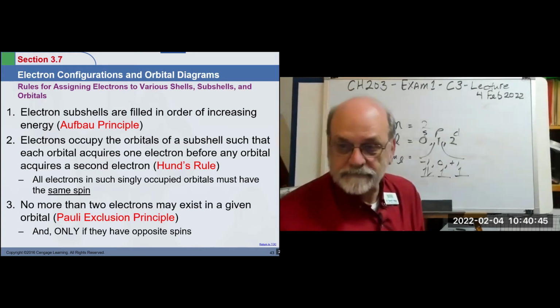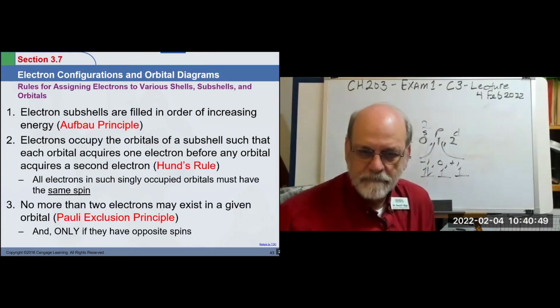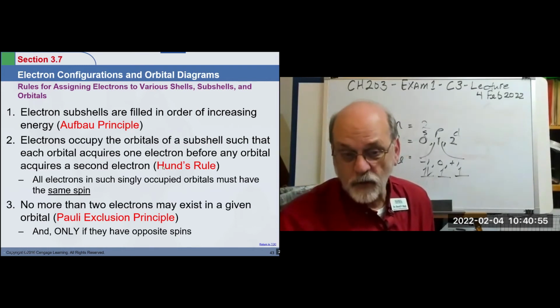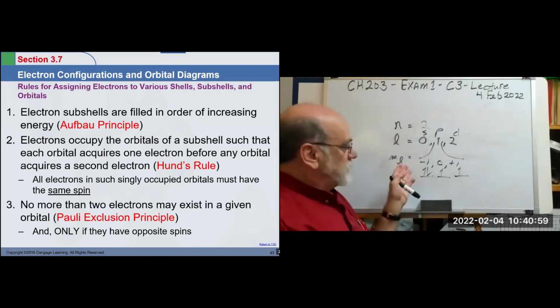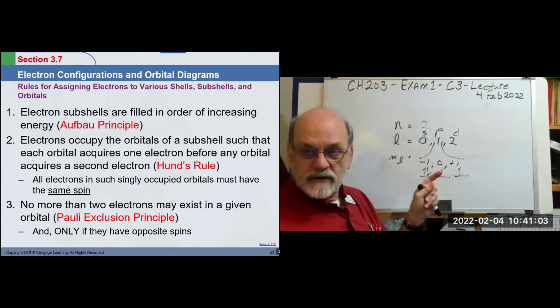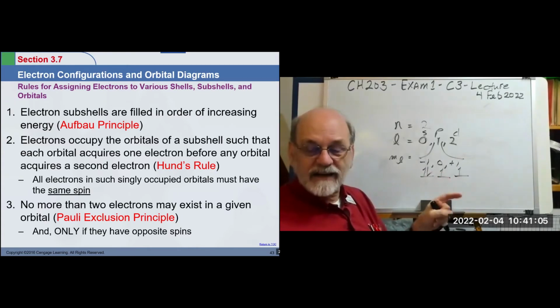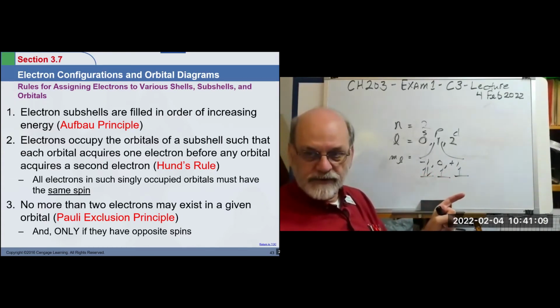And the last one is the Pauli exclusion principle. Basically what it says, in fact, this is the wording from your textbook, is no 2 electrons can have exactly the same set of 4 quantum numbers.